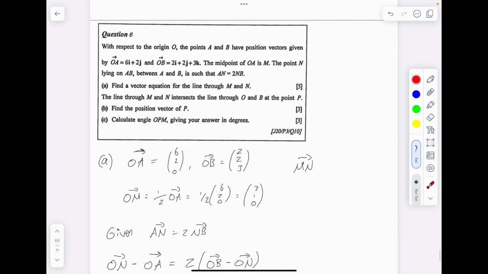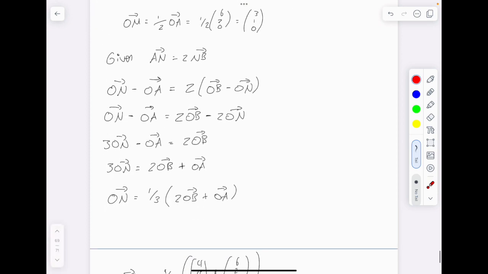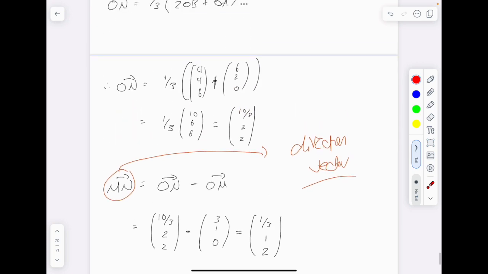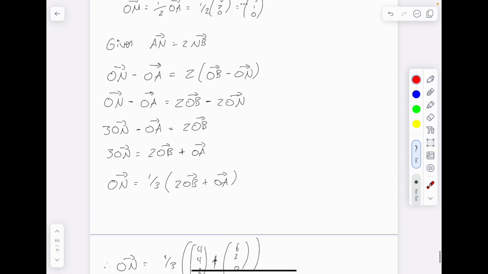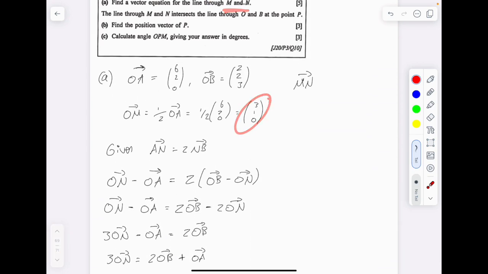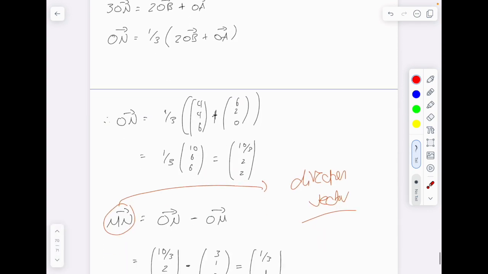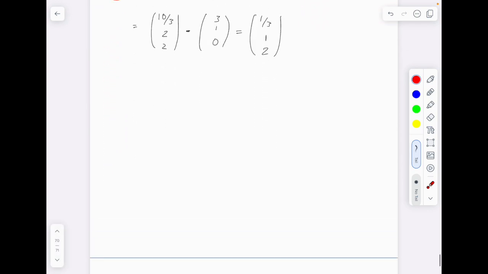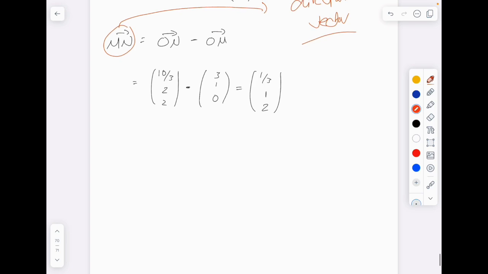And so if you need the direction vector, but OM, okay, is equal to what? OM is equal to 3, 1, 0. Okay, so therefore, what can I say? What I can say here, so the equation of MN is the following.